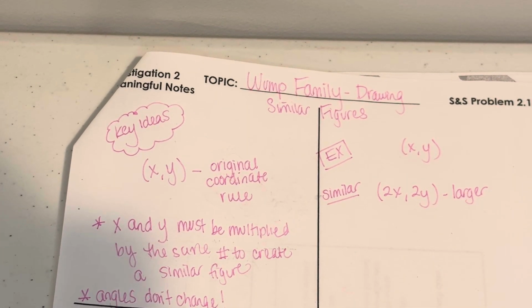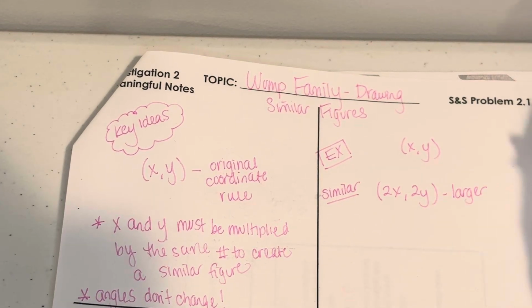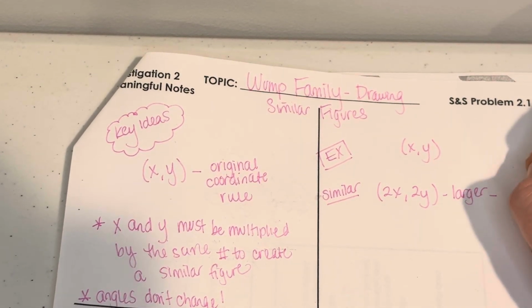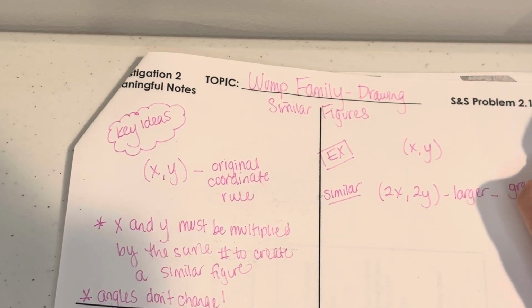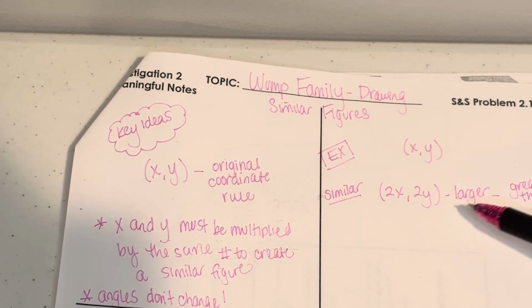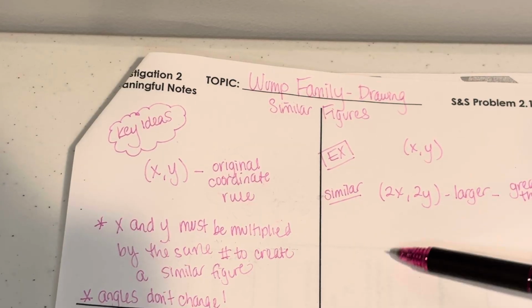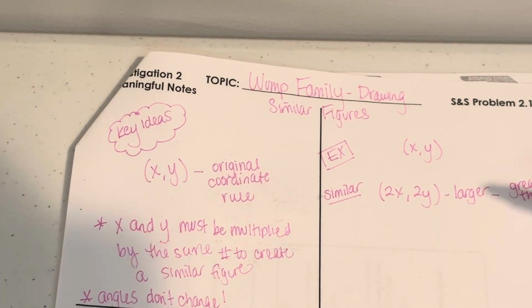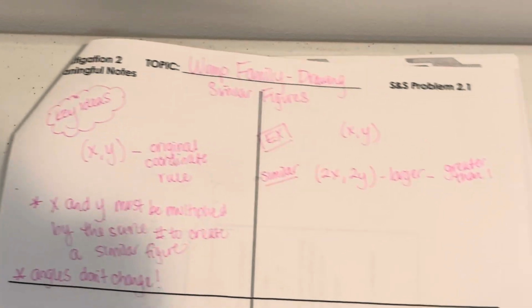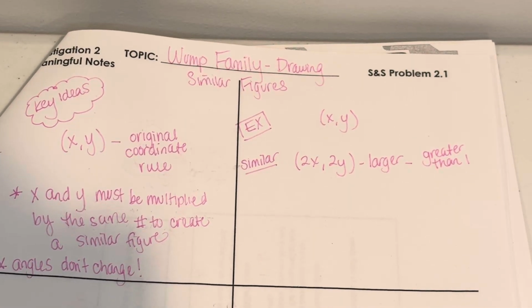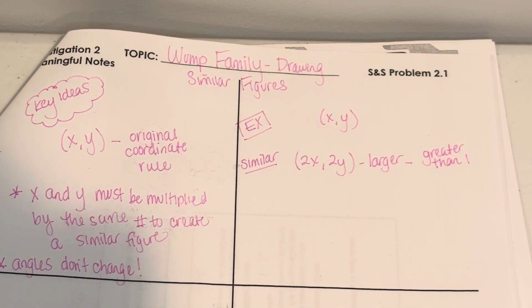In order to make any sort of coordinate rule larger, you're going to have to multiply it by a number that is greater than 1. So if you multiply them by 3, by 4, by 5.5, by 6, 7, right? You're going to be able to produce a larger similar figure.